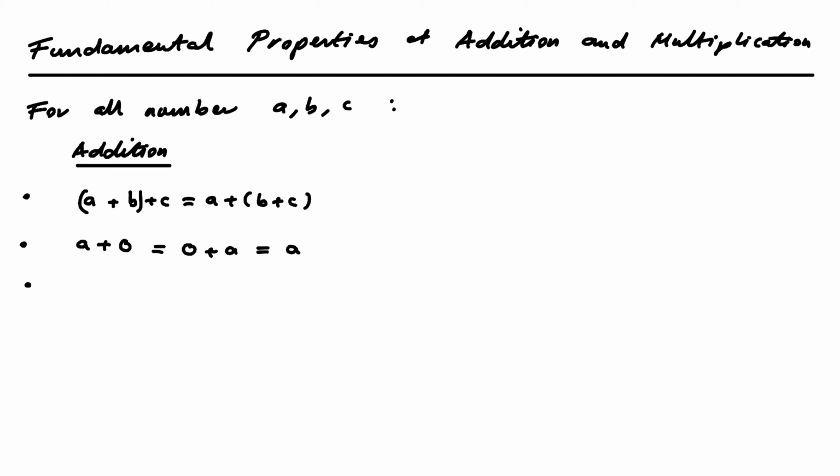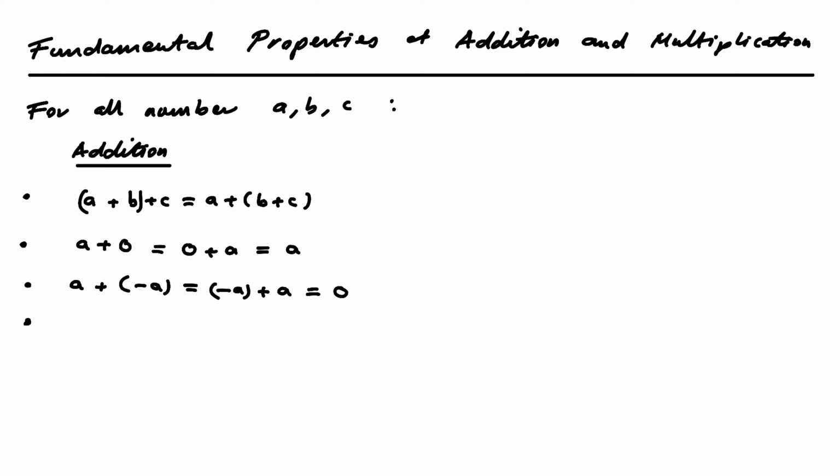Next, there are negative numbers. And that means if I take a number A, I can always find the negative of it, whatever it might be. And if I add it to it, so done the same thing again, I get 0. Super basic property, very important. It's the defining property of what a negative number is.